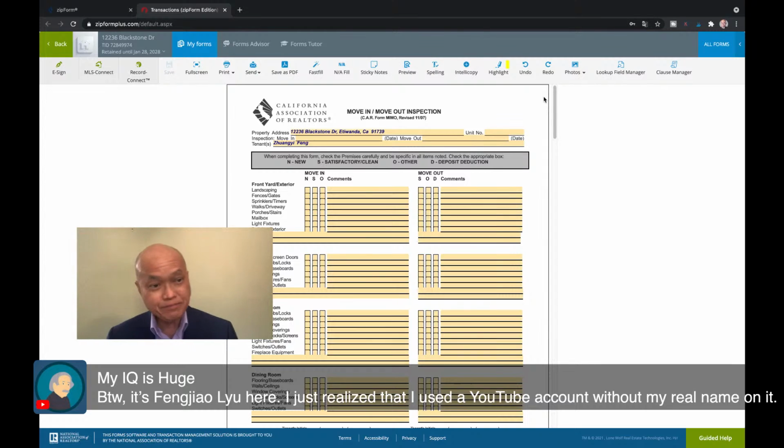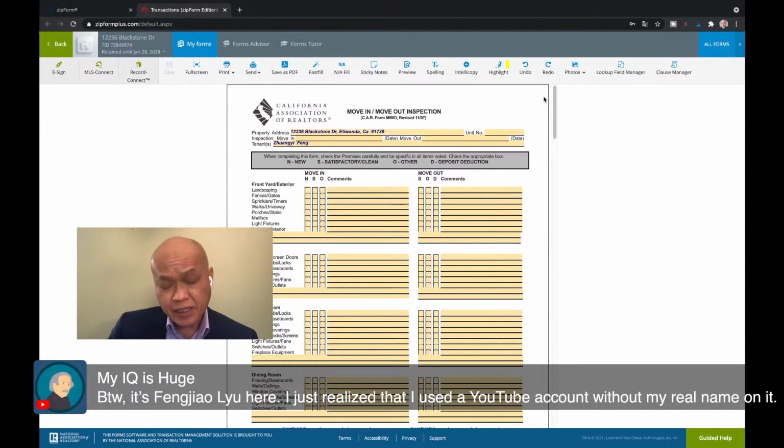Whatever the days are, when you do your final walkthrough, you might as well have both the buyer and the seller be present. That way, both parties can witness the same thing about the condition of the property. So your buyer will fill out the verification of property condition form.